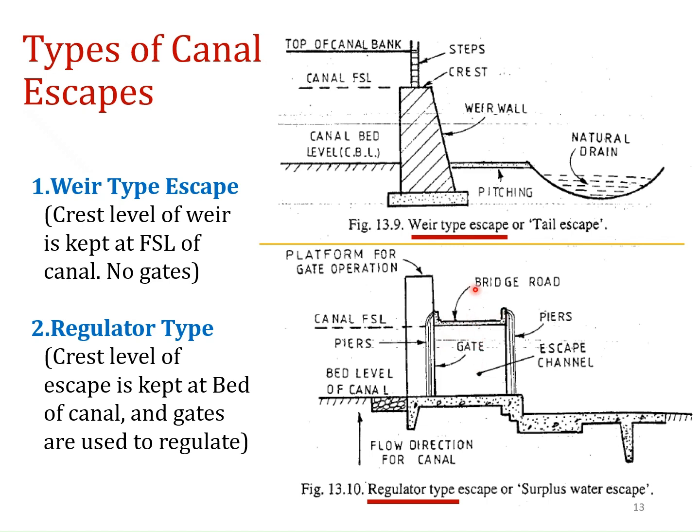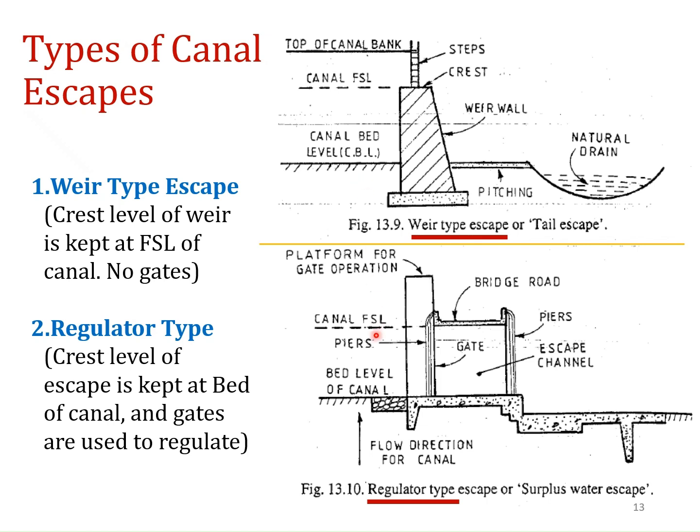And above this you have a bridge as well. Okay, and platform for gate operation. Crest level of the escape is kept at the bed. This is the crest level of the escape, and it matches the bed level of the canal. So crest level of escape is kept at bed of the canal, and gates are used to regulate.